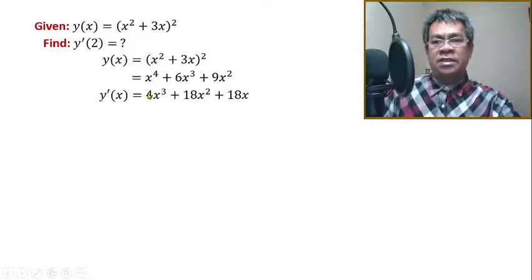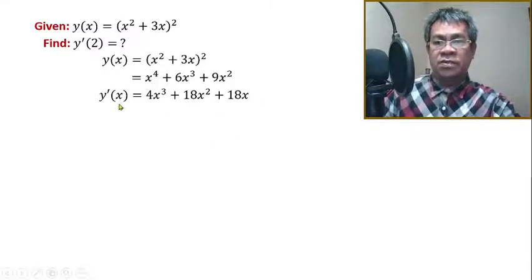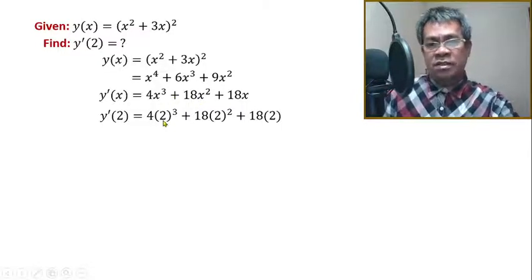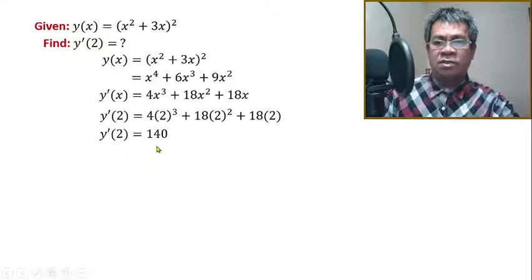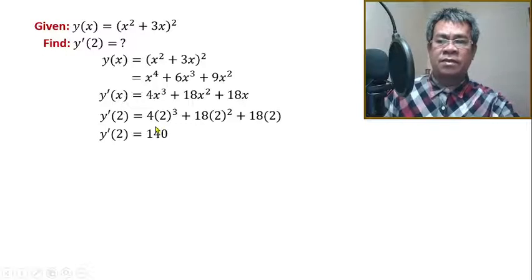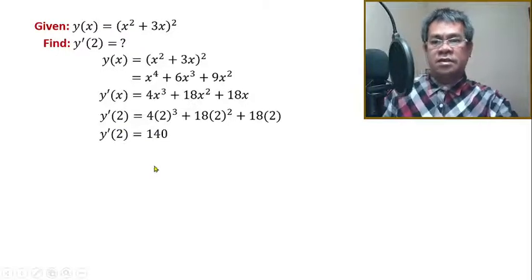This is the derivative of the function with respect to x. Substituting x with 2 and evaluating, we come up with the answer of 140. This is the slope of the tangent line of this function.